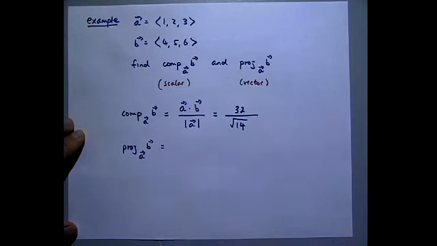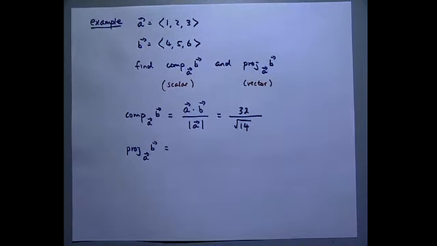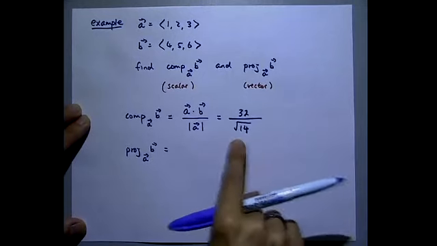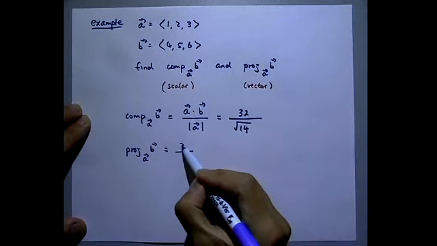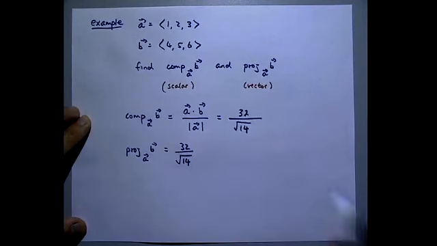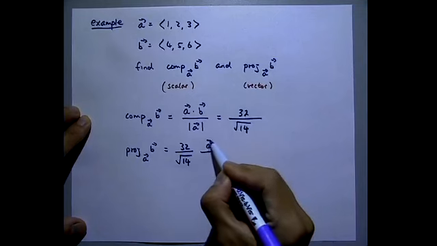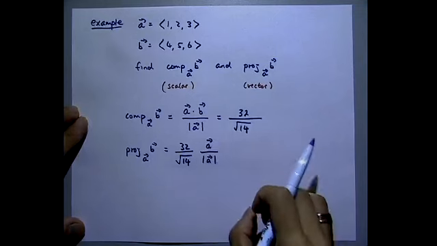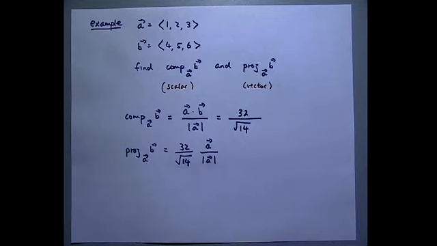And now we give it a direction. We could use the formula we had on the last page, A dot B over magnitude of A squared times A, or we can try to make sense of this and say it's simply a vector this long in the same direction as A. And you always give the direction by giving a unit vector. Okay? It's a vector this long in that direction.